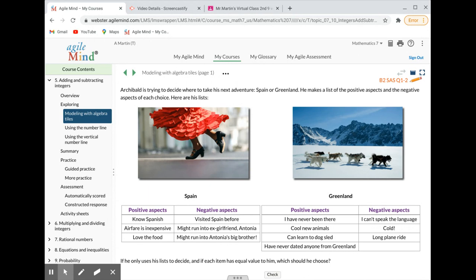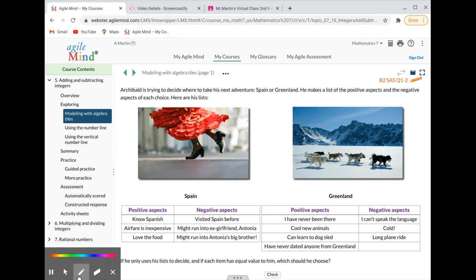We're going to use that so that we can figure out which place he should choose to go. So if you would, Angel S., would you read all of the positive and negative aspects of Spain? And let's put a +1 for the positives, and a -1 beside the negative aspects. Go ahead whenever you get ready.